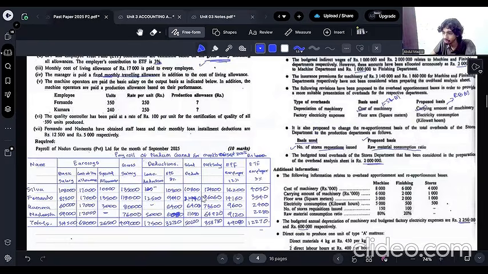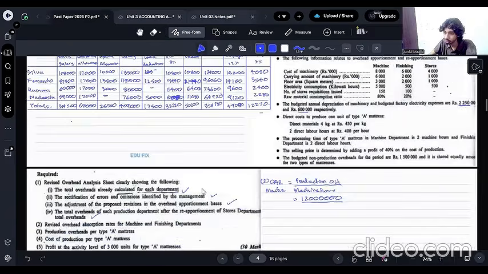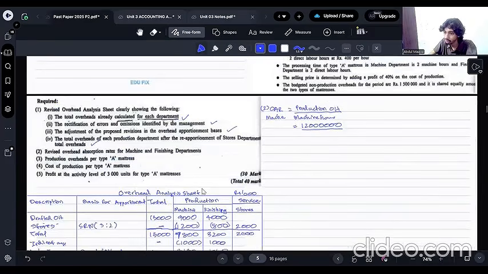Machine hours is still the same; they didn't tell anything that was wrong. That is okay, 30,000. You can record that 30,000. And the OAR will be 12 million divided by 30,000 hours. That's going to be rupees 40 per machine hour.